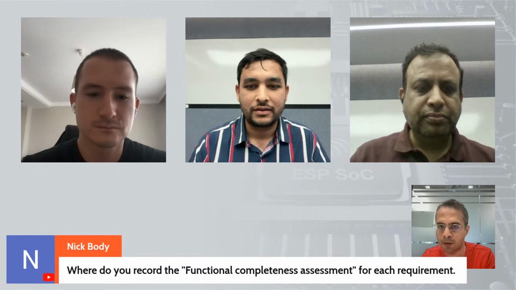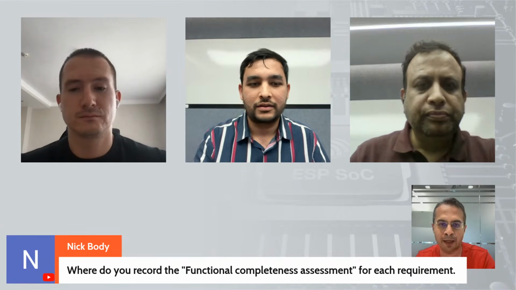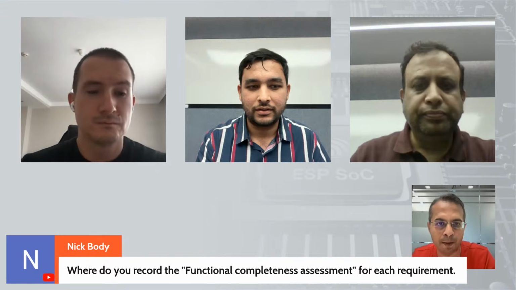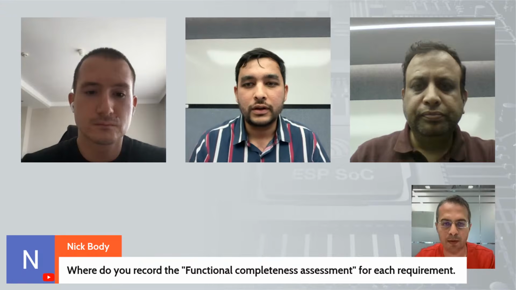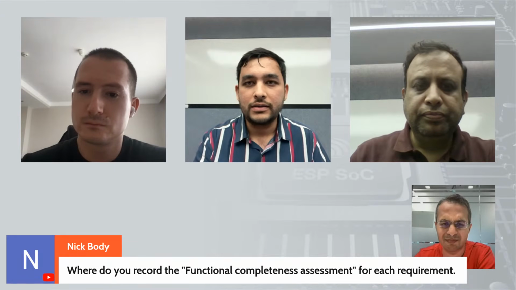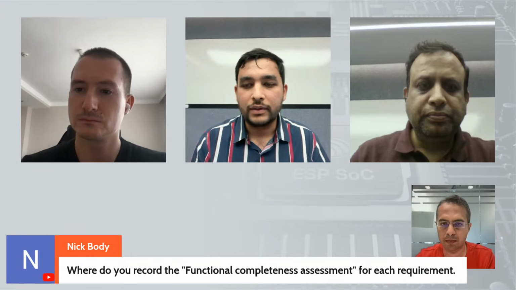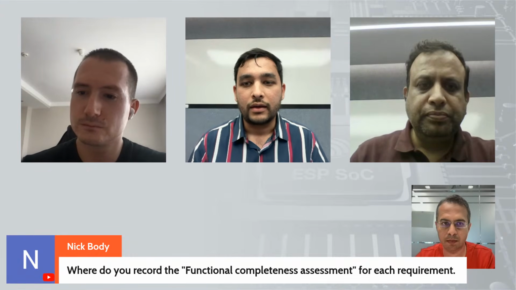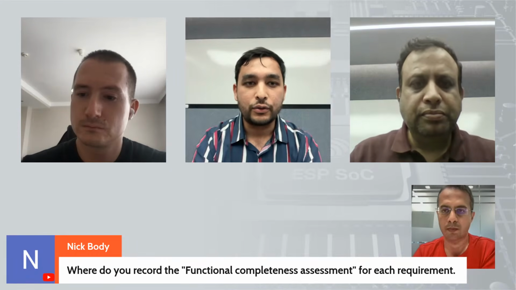Then I have a couple more questions which would require your assistance. Nick has asked, where do you record the functional completeness assessment for each requirement? The details about the mapping sheet and the functional assessment can be recorded in your test assessment report, which can be attached to your self-assessment report.